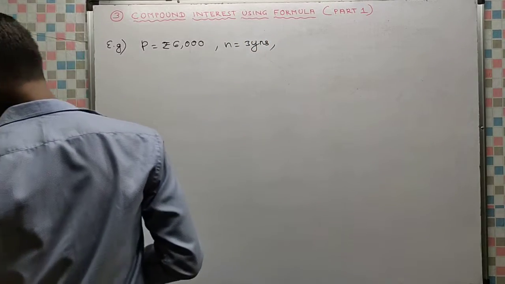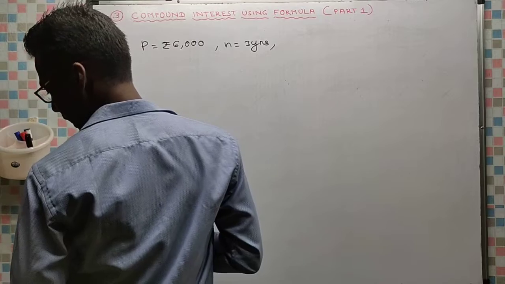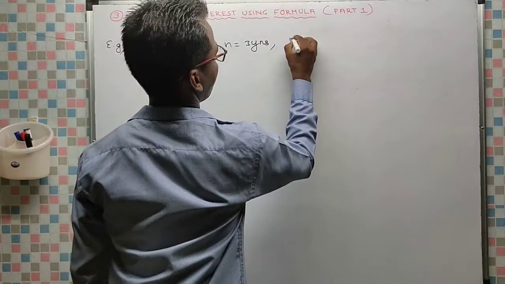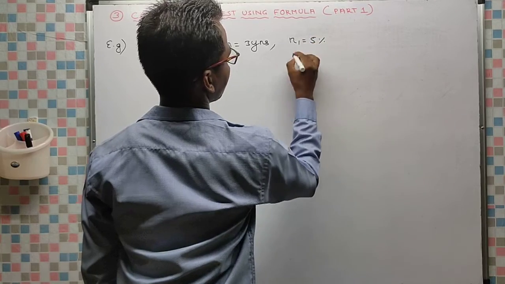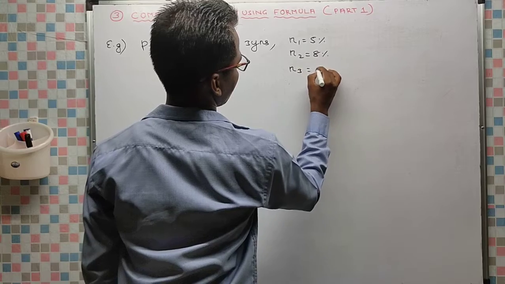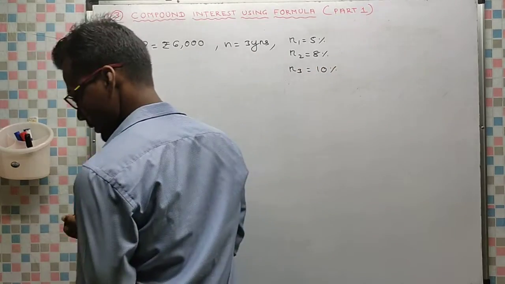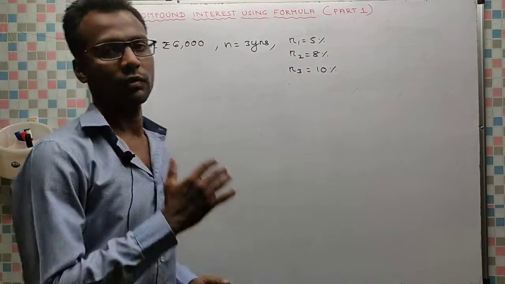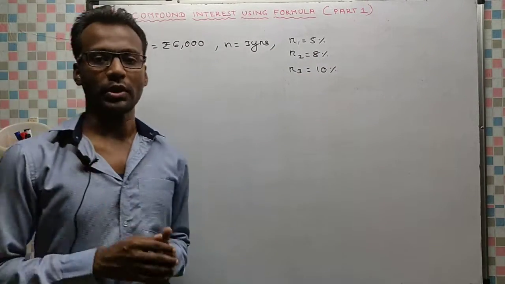And the rates of interest are 5%, 8%, 10%, different rates of interest. R1 is 5%, R2 is 8%, R3 is 10% given. So there are three different rates of interest. We have been asked to find the compound interest.